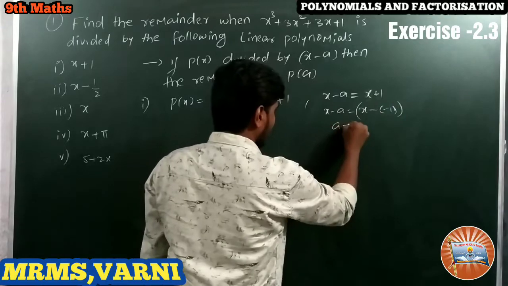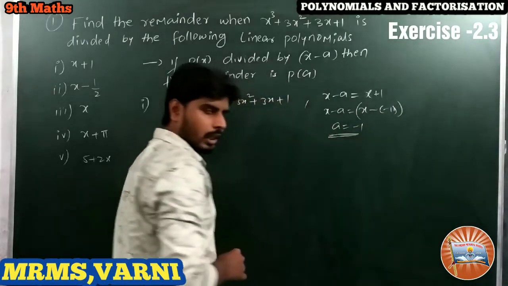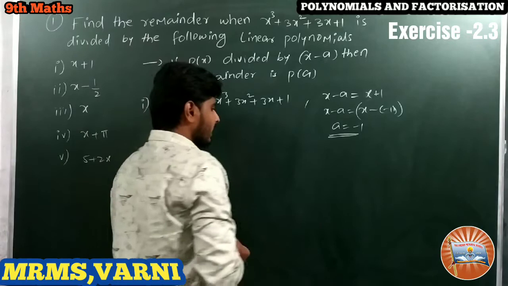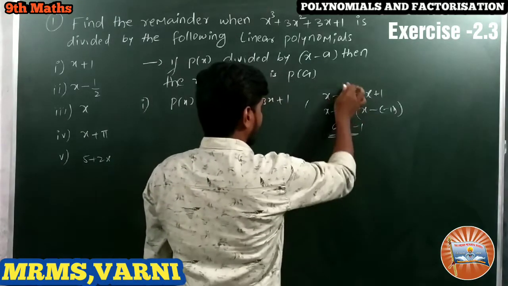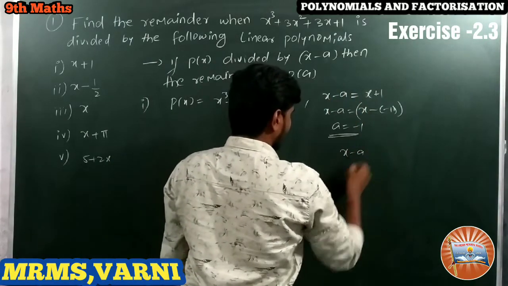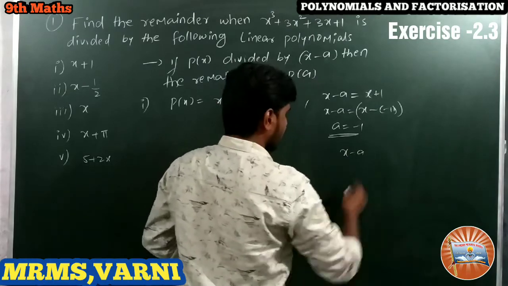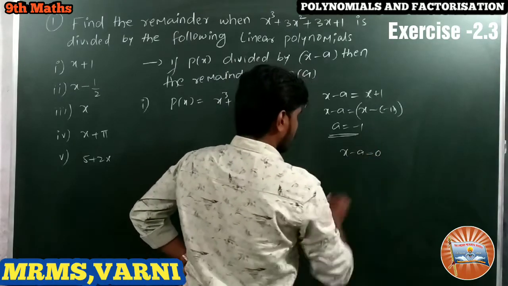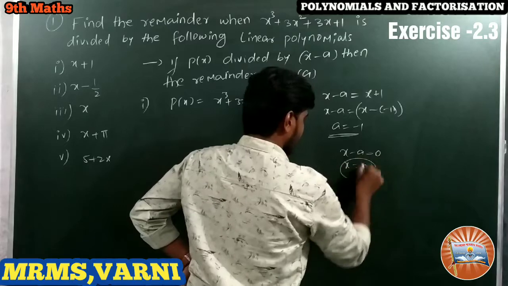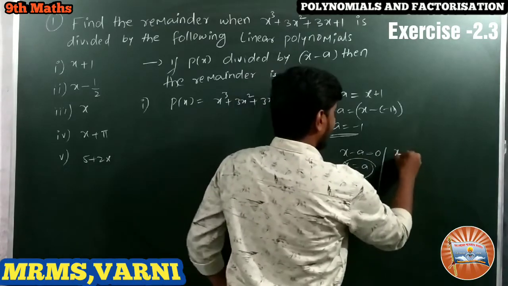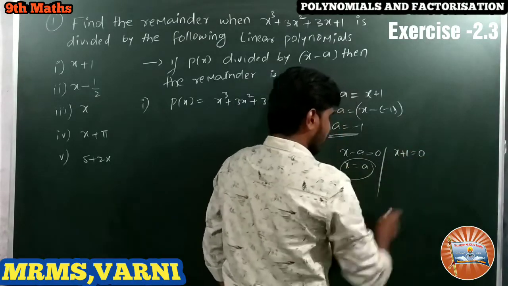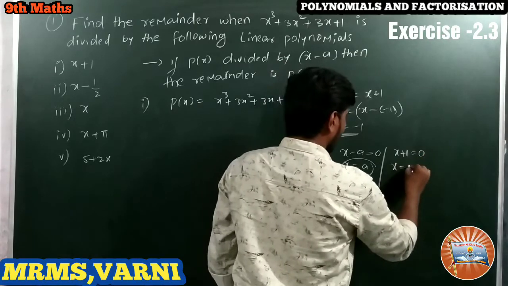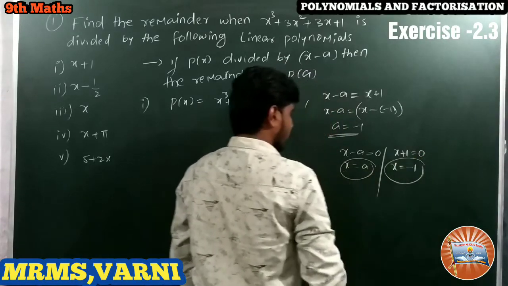Now what is the a value? Minus 1. Okay, or we can find like this also. So if x minus a, we have to find the x value here equal to 0. So x is equal to a we got. Similarly, x plus 1 equals to 0. If we take equal to 0, x value becomes minus 1. We can take like this also.